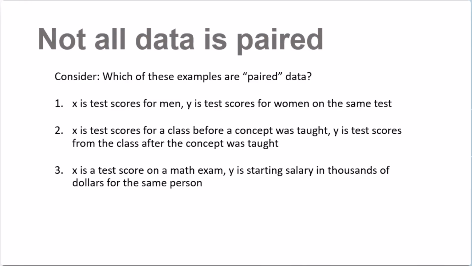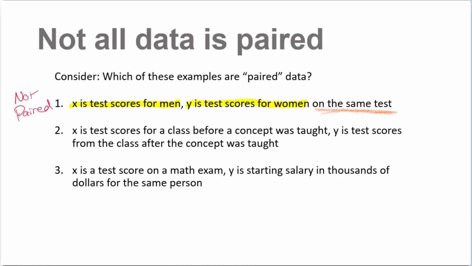So for example, if I had a list of X values that were test scores for men and a list of Y values that were test scores for women from the same test, this is data that is sort of linked together. They're both data values from the same test, and it might be data that we want to compare, but this is not paired data, because each of these test scores for men doesn't line up with a particular test score for women.